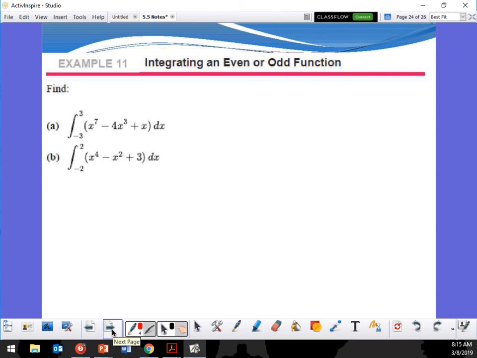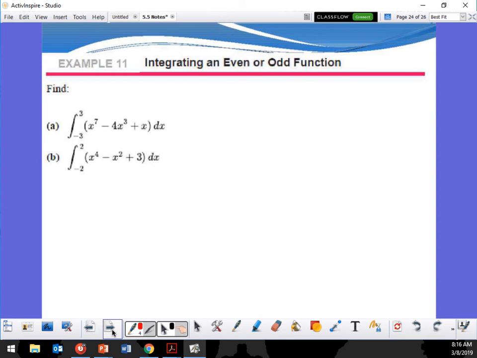All right, so let's go ahead. This first one right here, is it going to be an even or an odd? Odd, right? So what is the answer going to come out to be? From there to there, I'm going to end up with 0 because it is an odd function.